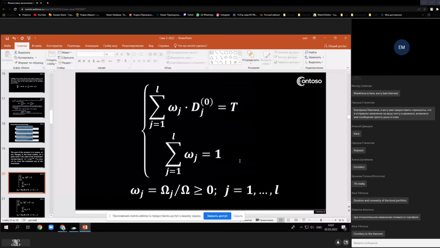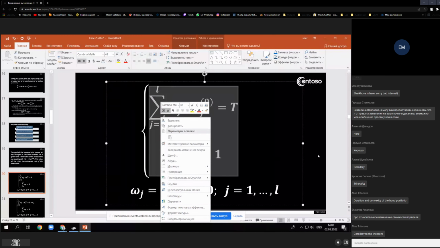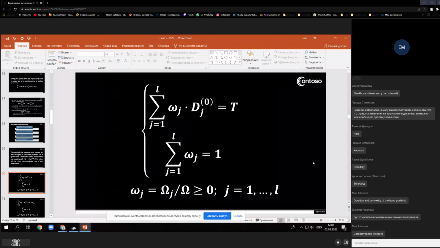Now we are moving to the next step, and the next step will happen when our bond portfolio makes the first coupon payment. In case there is no change in interest rates, you should do nothing, just reinvest the coupon. In case the rates change, you should construct a new system and rebalance the portfolio. How will you do it?